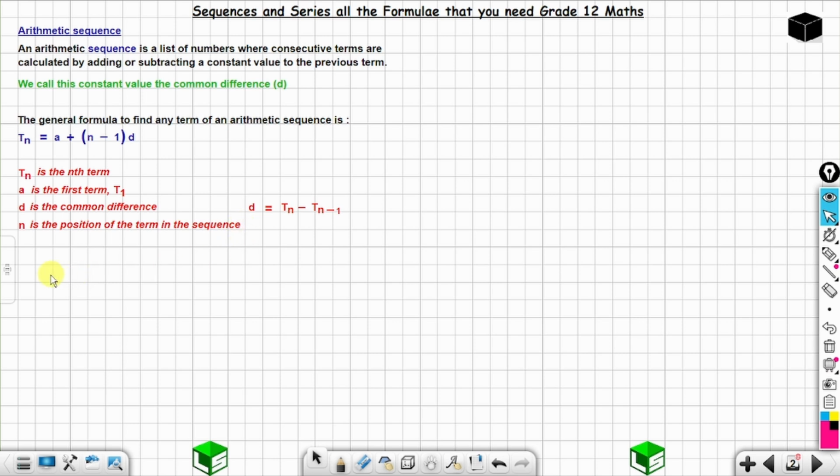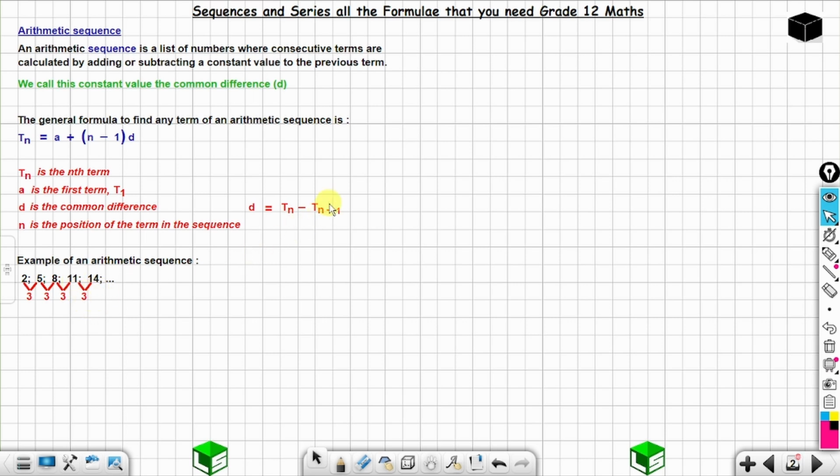For example, if you are given an arithmetic sequence like this one, to find the difference you take the next term minus the previous term. 5 minus 2, you have 3. 8 minus 5, you have 3. 11 minus 8, you have 3. 14 minus 11, you have 3.